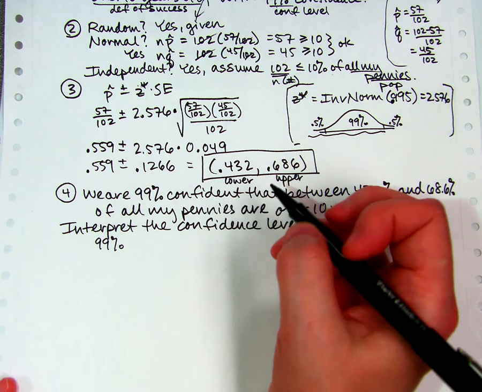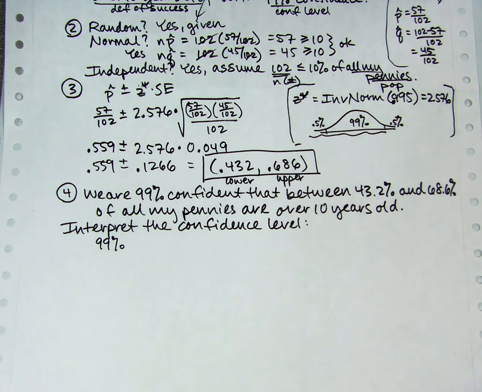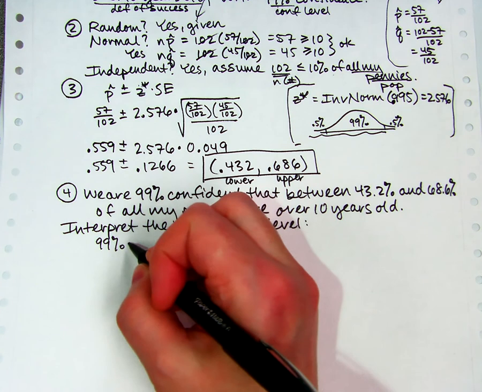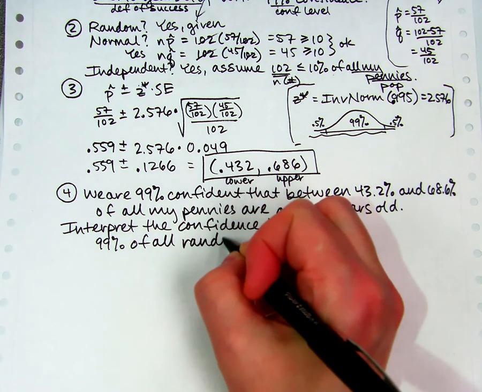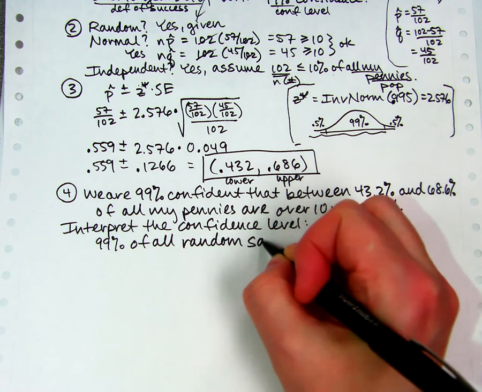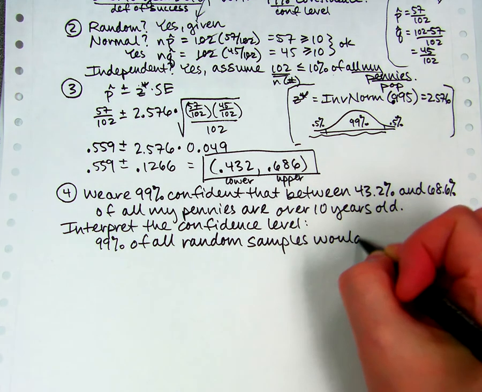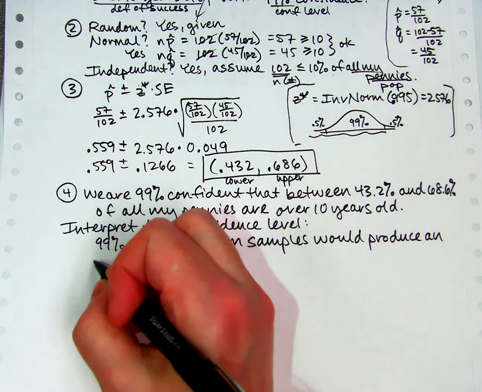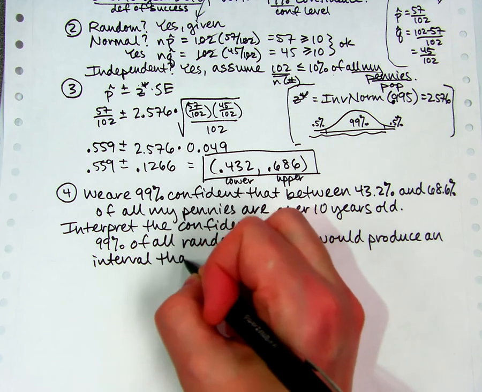It means that if I did this over and over again with lots of different samples, that 99% of those samples would capture it. So 99% of all random samples would produce an interval that captures the true proportion.